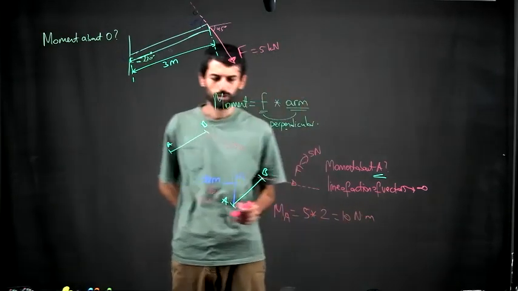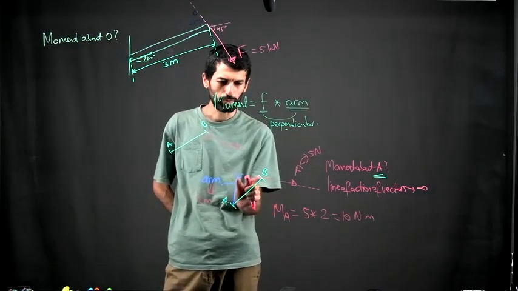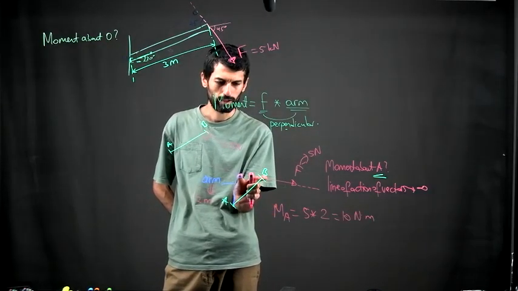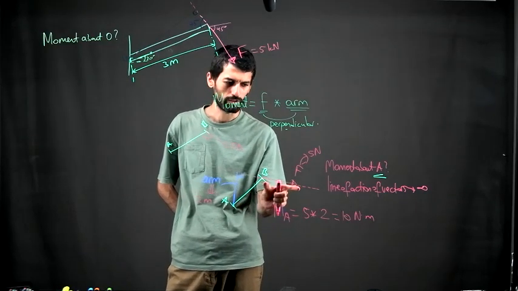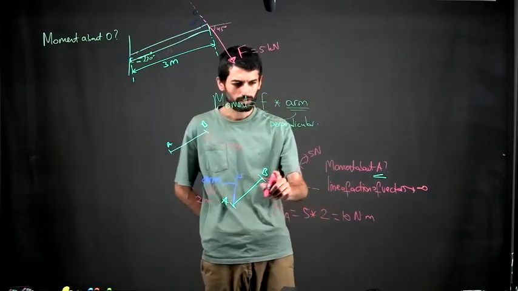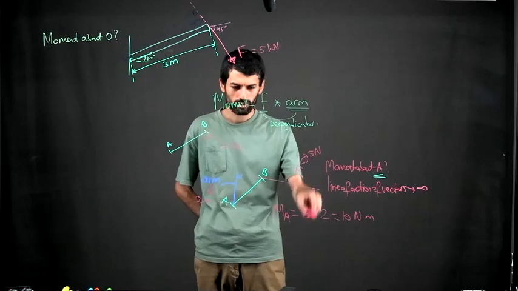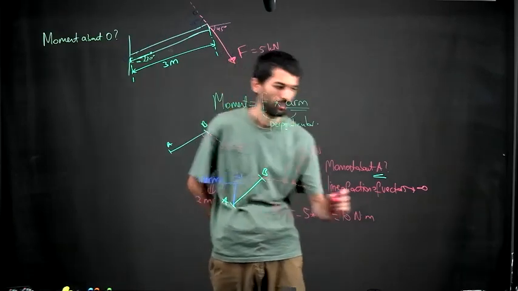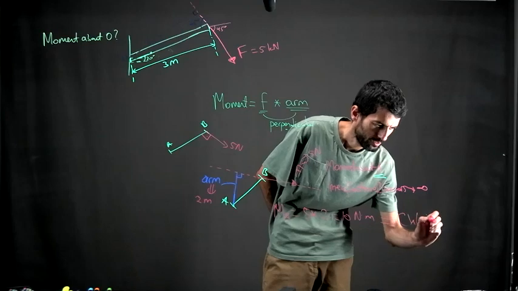So one more time, the arm should be perpendicular to the force. You cannot take this one as an arm for this force. And if you want to check, this moment is a clockwise moment. It rotates this way in a clockwise direction, so I will say that this one is clockwise and therefore negative.